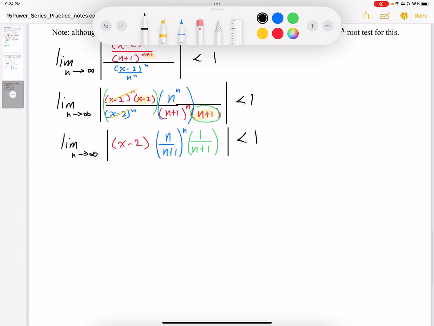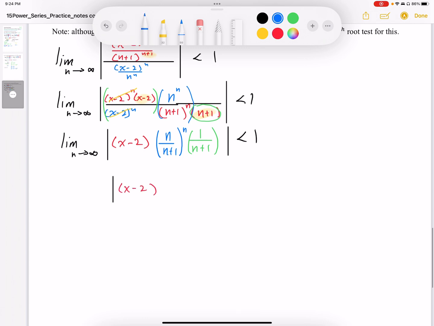Evaluating this, when I apply my limit, I have my x minus 2. That becomes 1 to the power infinity, which is just 1, and then this becomes 1 over n going to infinity, so infinity plus 1 is infinity.